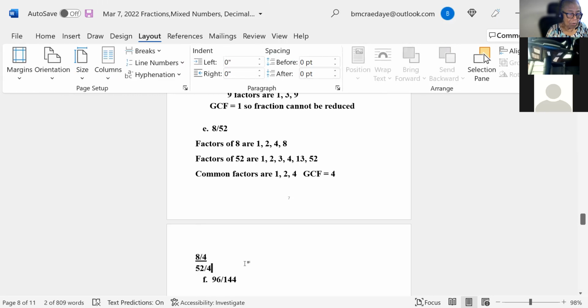Okay, so what's 8 divided by 4, Maureen? 2. Okay, so that's equal to 2. And what's 52 divided by 4? 13. So you have 2 prime numbers, so you know that's the simplification.